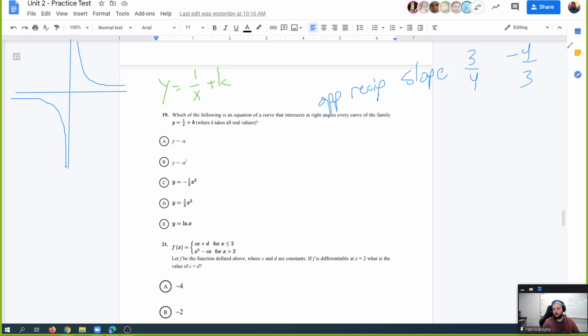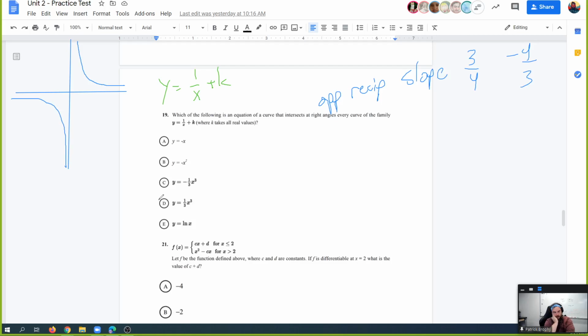This is being perpendicular. You flip the fraction, then flip the sign. I don't think you did this last year in BC. This is a weird problem, but I'm going to figure this out right now. Like, oh, we just had a bunch of easy problems, and then we have this? Okay, so it intersects at right angles every curve of the family.